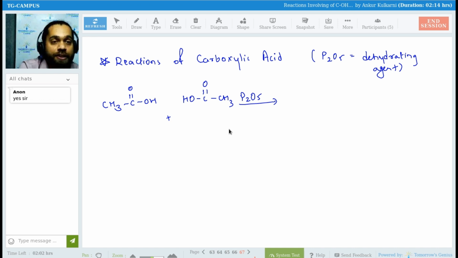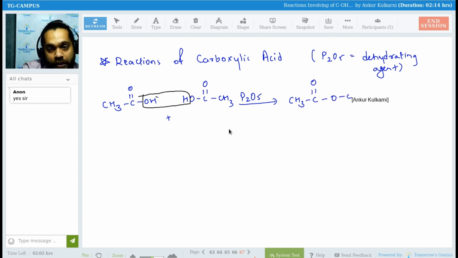So with the dehydrating agent, we will remove the water. What is left? CH3 C double bond O, O, C double bond O CH3. Which functional group is this? I always used to say this looks like a bullet.